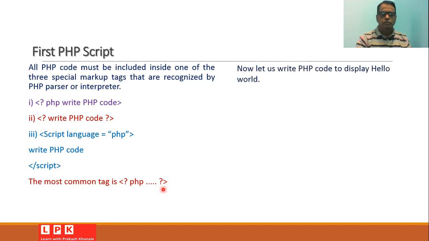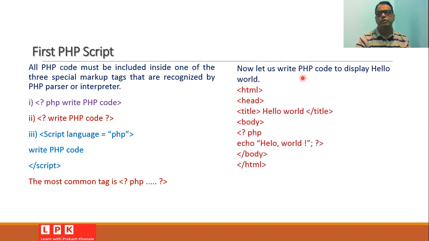Now we will write our first PHP code, and this is the simplest form of PHP code, where we will display the words hello world. As I told you, normally we include the PHP code within our HTML document or within our HTML code. Suppose this is our HTML code, and the title of the code is hello world, and in the body we will include the PHP code.